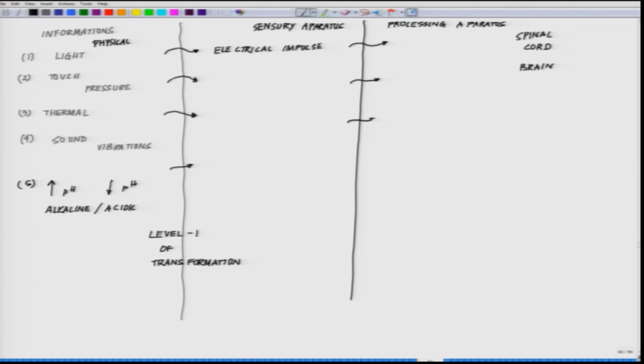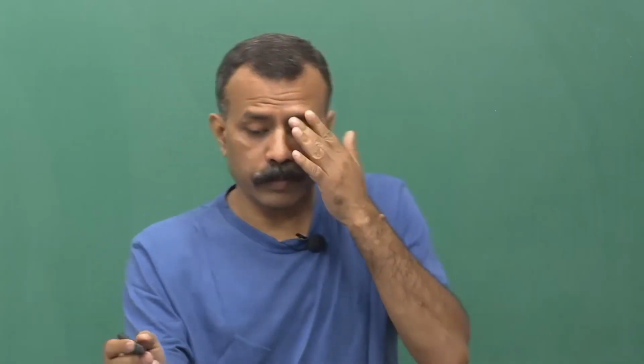While this electrical impulse is transmitted to the next level of apparatus, this is level 2 of processing, because from one system it is moving to the next system.